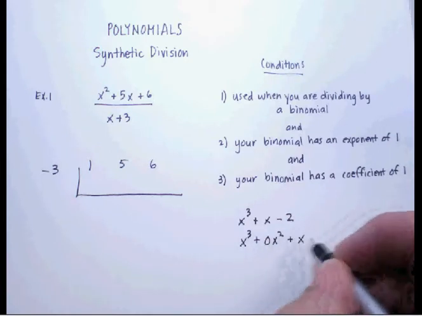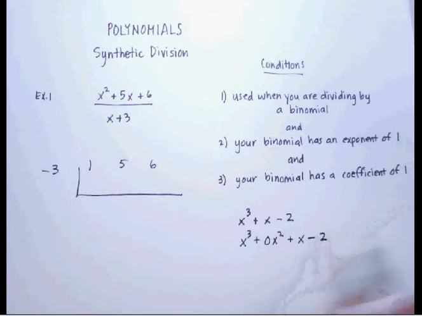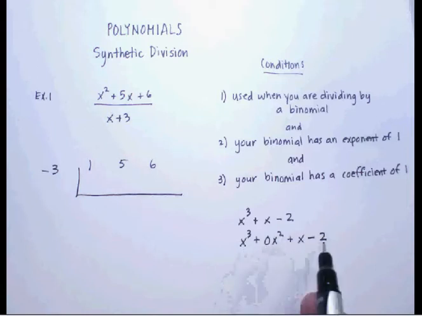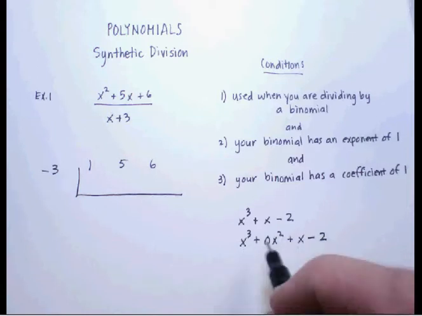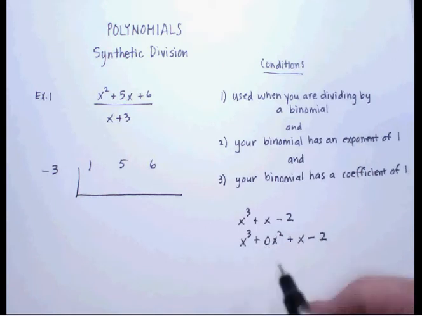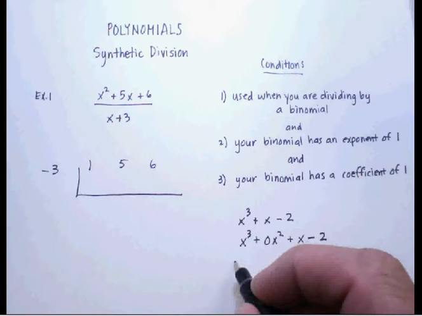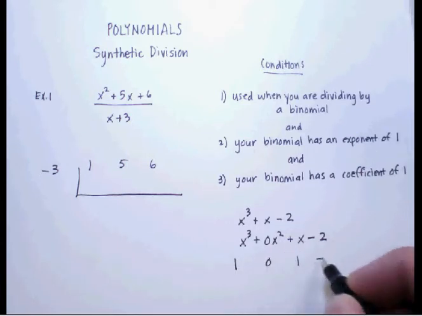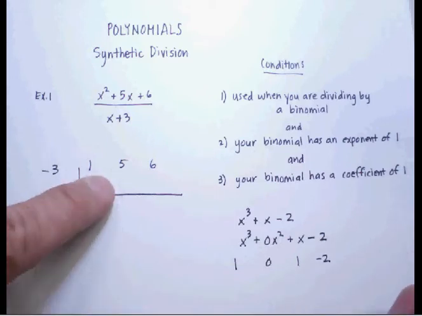A dummy variable just holds the place without really adding anything to the polynomial itself. And I put the dummy variable because I want to use the 0. So in order to actually solve this one, the coefficients would be 1, 0, 1, and negative 2. And again, that would go up here if that were the polynomial that I was using in my division problem.